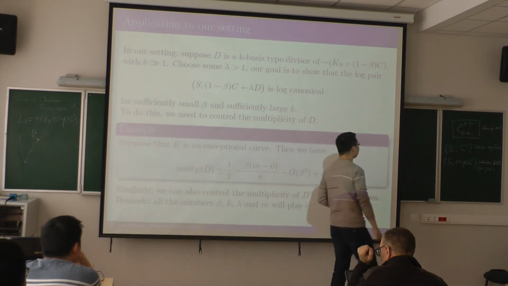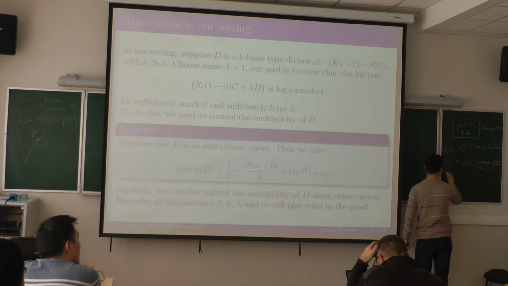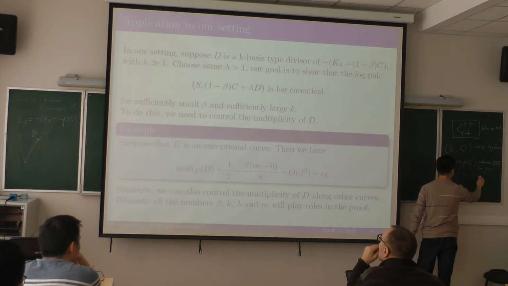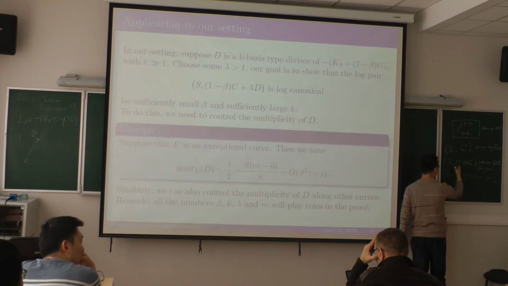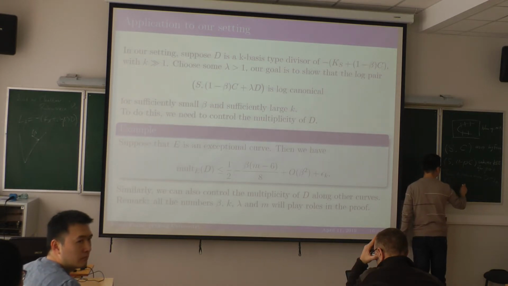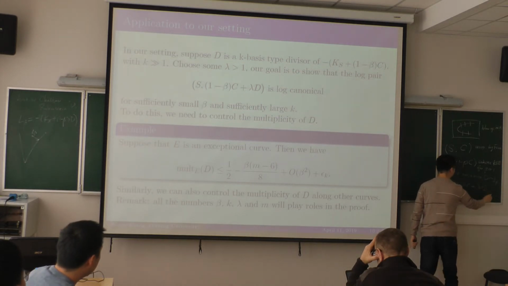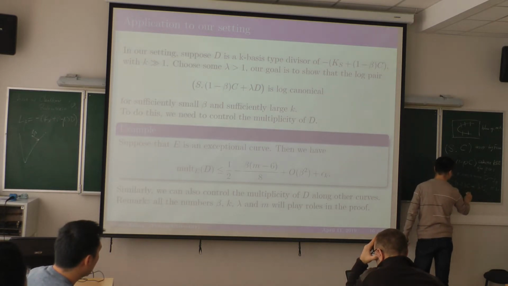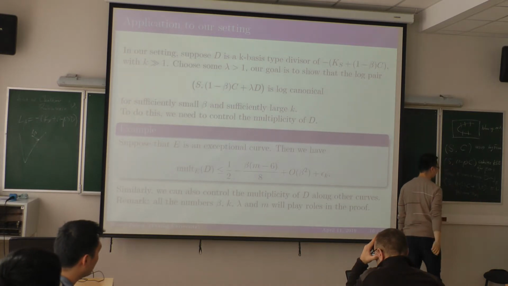We have this surface and a boundary curve, and then we take a k basis type divisor D. The goal is that we want to show that this pair is log canonical for some number to be determined, for some number bigger than 1.